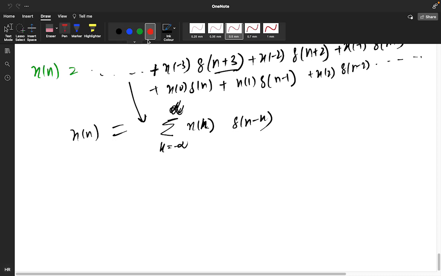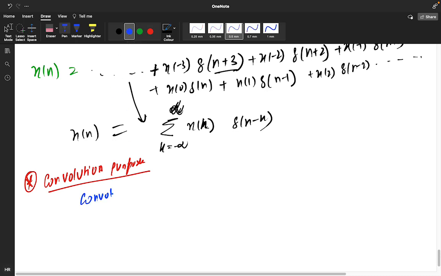Why do we use convolution? So the purpose of convolution is what? Convolution is used for calculation of output of LTI system.